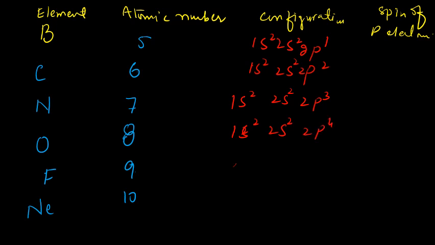Fluorine has the electronic configuration 1s2, 2s2, and 2p5. So we are adding electrons in the p orbital, and for neon, which is a noble gas, the electronic configuration is 2p6. Here the p shell is fully occupied with 6 electrons.